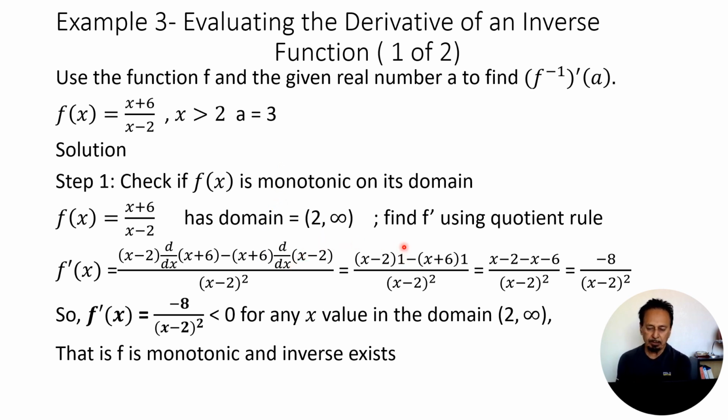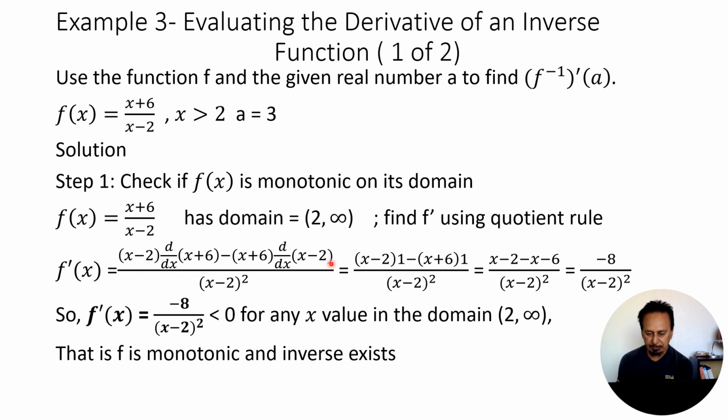Now we're going to find the first derivative using the quotient rule because this is a quotient. So this becomes f prime of x, and the quotient rule says you square the denominator, x minus 2. So this becomes x minus 2 squared. And then we write the denominator x minus 2 and multiply by the derivative of the numerator x plus 6, and minus, we write the numerator x plus 6 and multiply with the derivative of x minus 2.